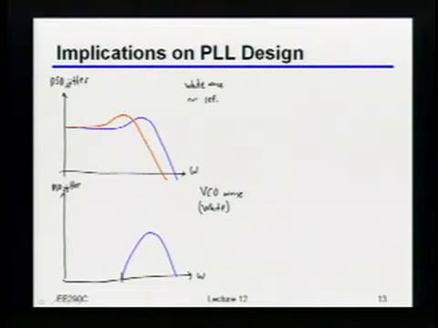So first of all, at DC, why is it that the noise of the VCO doesn't matter at all? You have the pole at 0 from the loop filter. Yeah, you've got a pole at 0 from the loop filter, right? In other words, you have an integration with infinite gain. So whatever noise I put into it, with infinite gain, I make that go to 0, right?